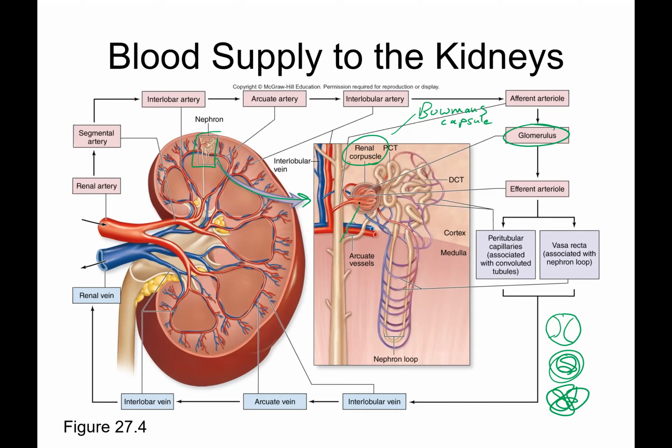Kind of like the renal corpuscle. You have the outer skin, which is Bowman's capsule, and then you have the inner ball of yarn, that's the glomerulus. But instead of yarn, it's capillaries. Very specialized type of capillaries.